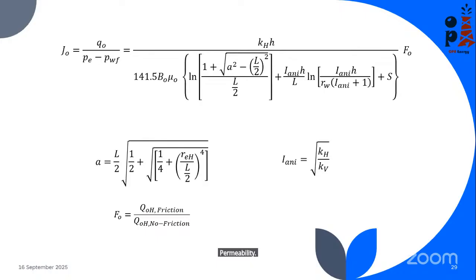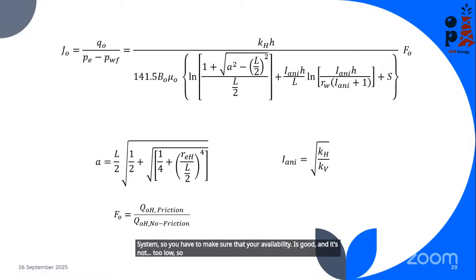In a vertical radial system, you have to make sure your vertical permeability is not too low, so it allows flow from all directions to the horizontal section.